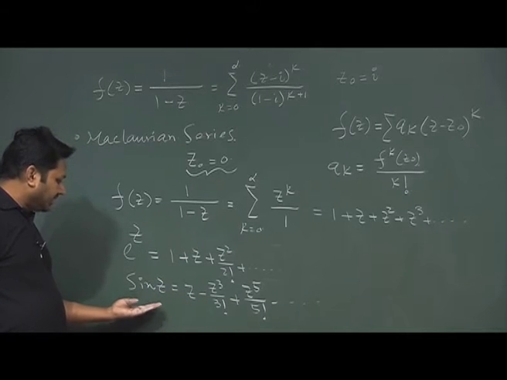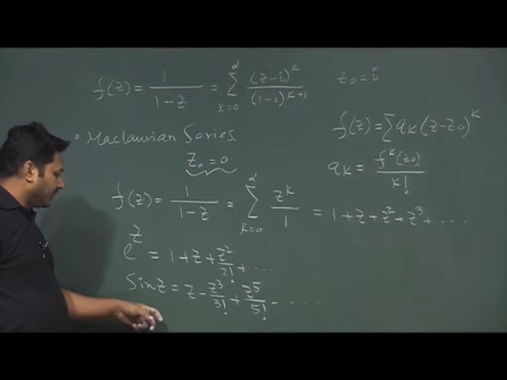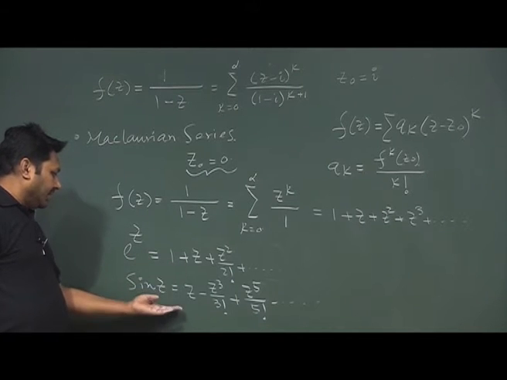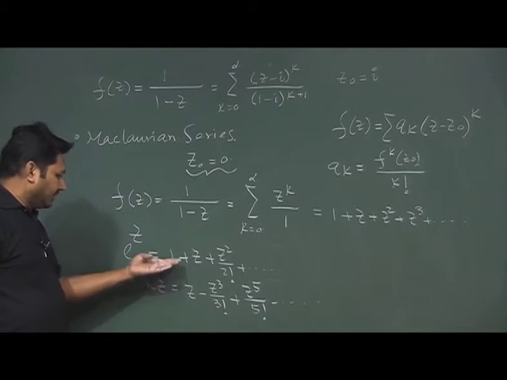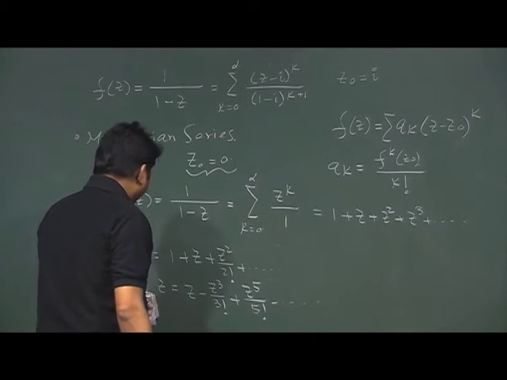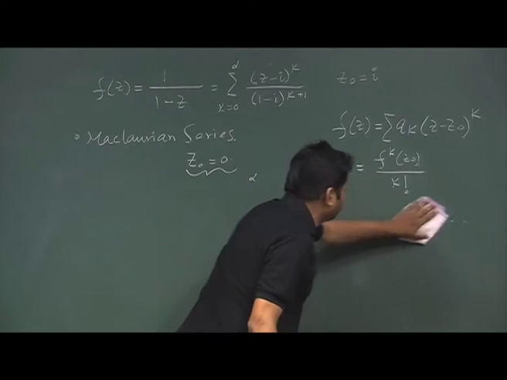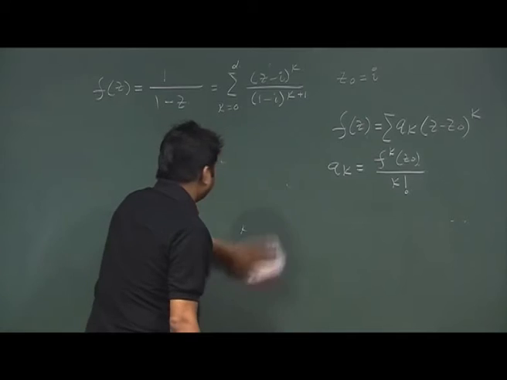It is nothing but the Taylor series expansion of the sine function at z equal to 0. So both of these are nothing but the Maclaurin series, which is the standard expression we know. You should appreciate this fact.